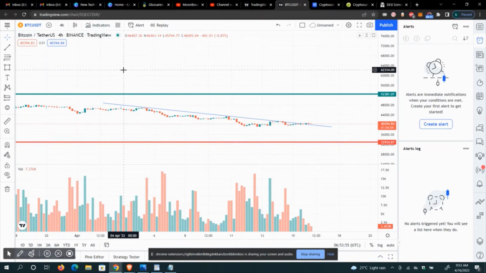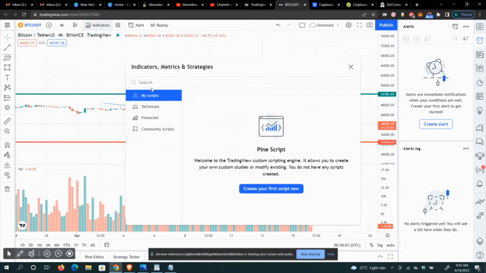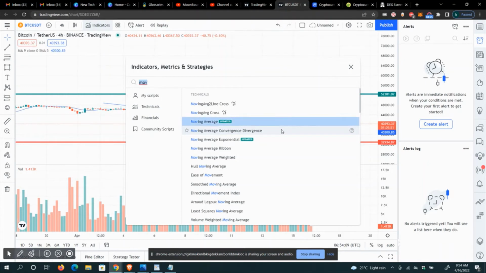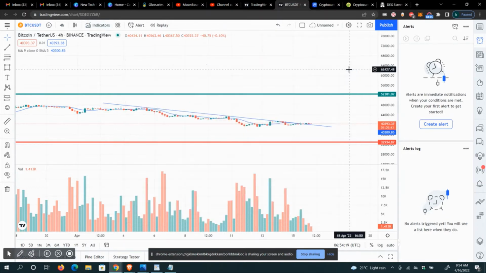Before you get an adequate EMA, the exponential moving average, you need to understand how the moving average works, because we have the exponential moving average and we also have the moving average. You can set it to a 20 days interval or 10 days interval. We also have that.